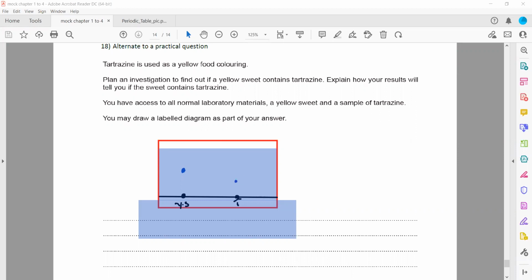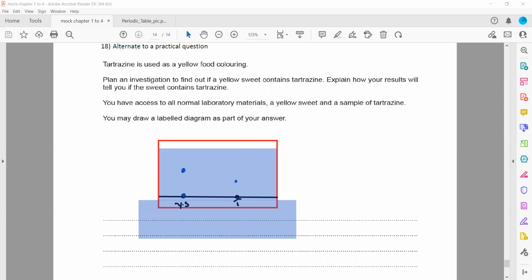So what are the steps we'll follow? Remember, because we have a yellow sweet, we want to have an extract. So first we dissolve the sweet in water, and then we use a dropper or a teat pipette. We'll place a sample of the yellow sweet and the tartrazine on the origin.